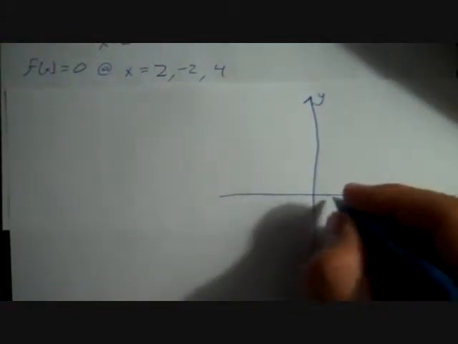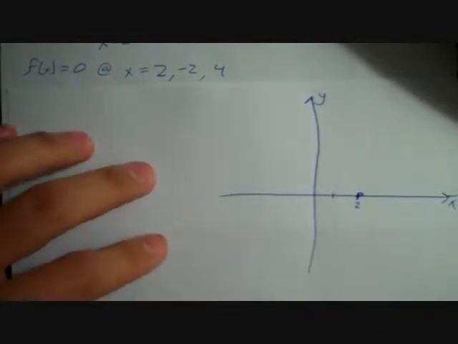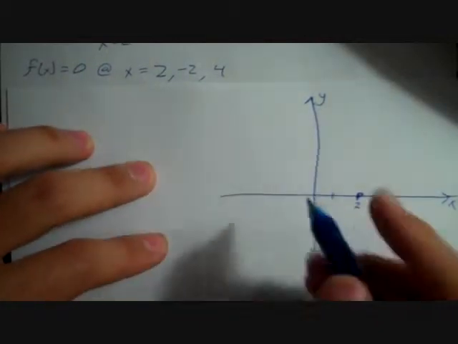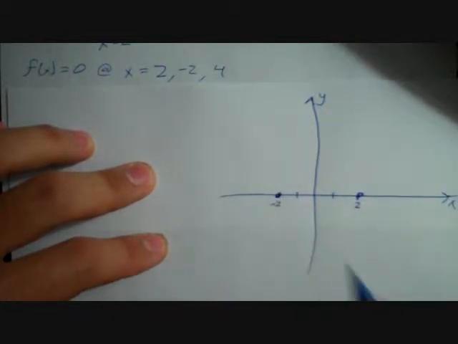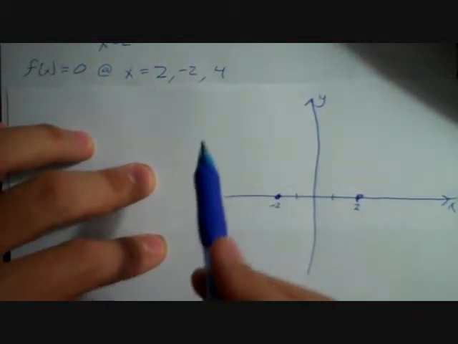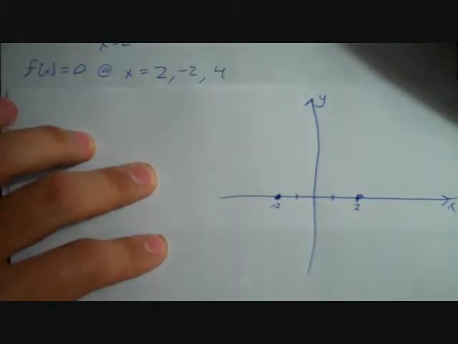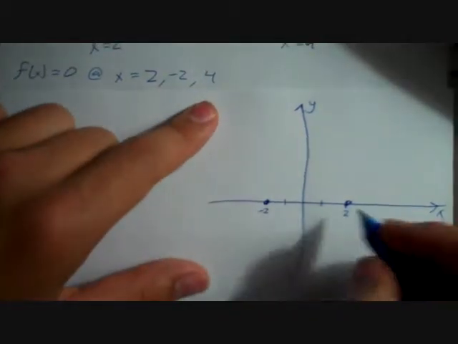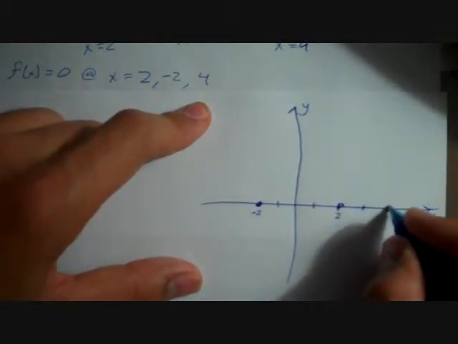So we'll have 1, 2. So it has an intercept here. Also has an intercept at negative 2. So negative 1, negative 2. So it has an intercept here. And then it also has an intercept at 4. So 1, 2, 3, 4.